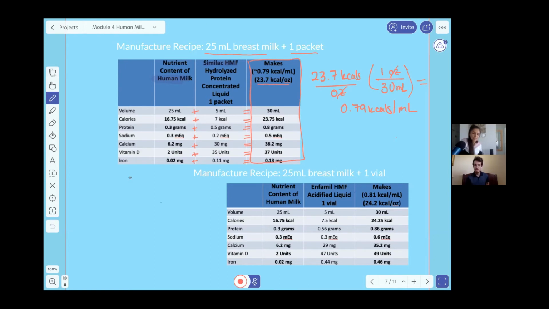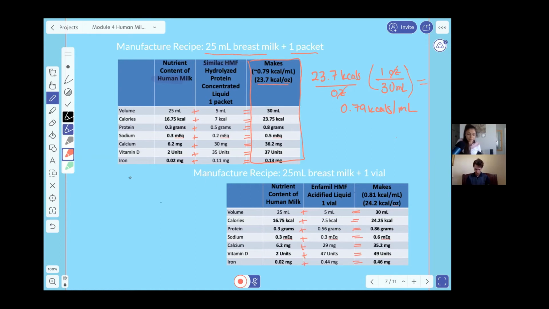Okay? Same thing with our Enfamil. So down here, we have also 30 mLs. Our volume, our calories, our protein, sodium, calcium, vitamin D, and our iron.